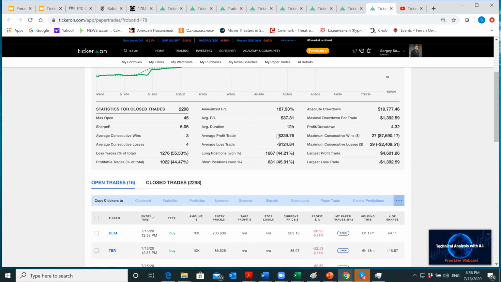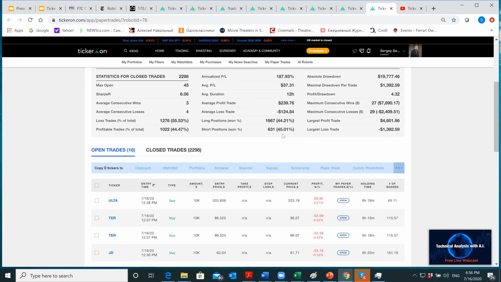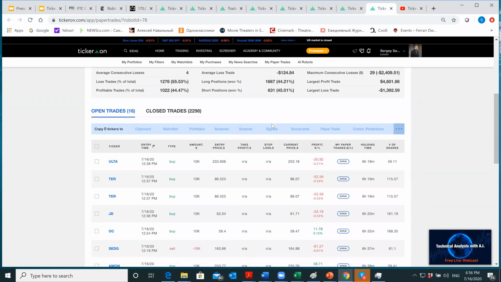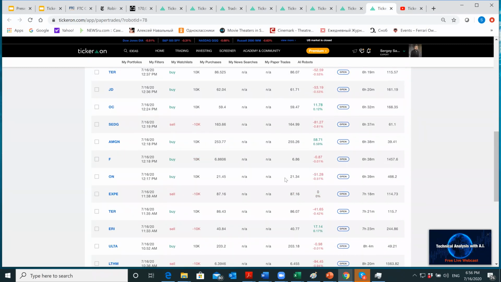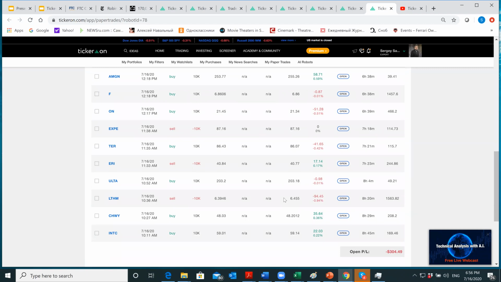Then, as you can see, 239 profit, 124. This one doesn't look impressive, but these are all the trades which were opened today. It's still in the final touches, but the idea is to reduce the number of trades per day and really show you exactly how it works.